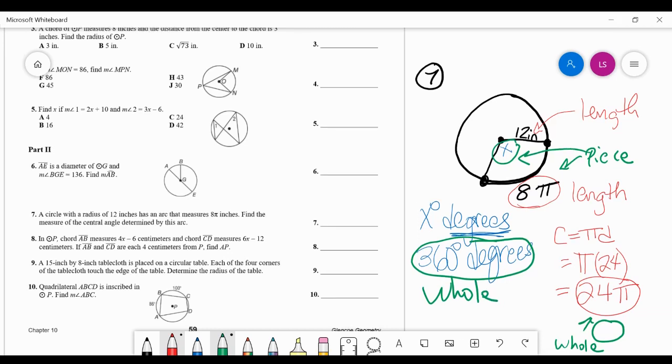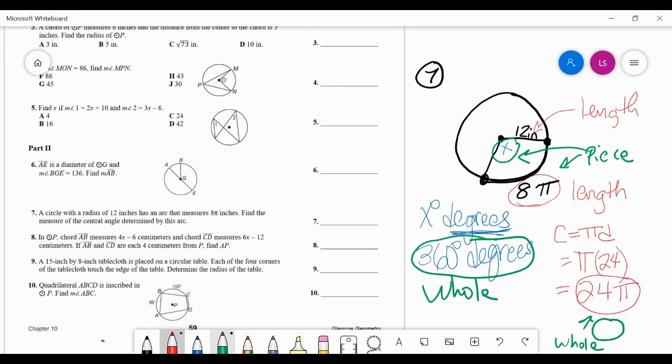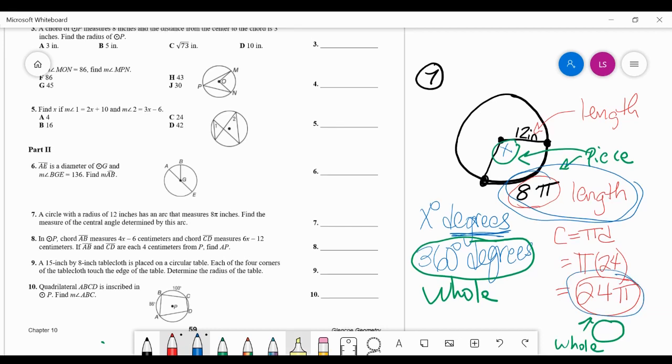So when I set up my proportion, I'm going to pay attention to all of that. So let's look at the two pieces. You could set up this proportion any which way. I think people usually like to compare length. So let's do length and length. So I have length of 8 pi versus length of 24 pi. This looks like a big mess.